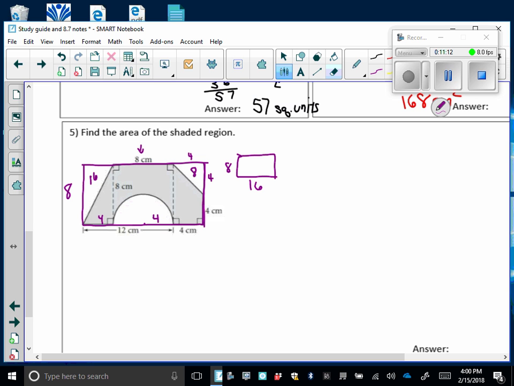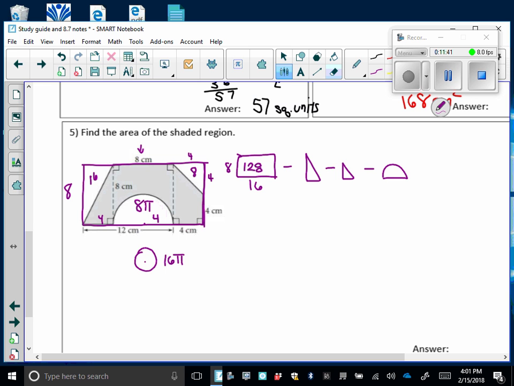And we know that because of the 8 up here. So the area of the semicircle, the whole circle, would have an area of 16 pi. So the area of this is 8 pi. And so we can take this rectangle with an area of 128 and subtract out the 3 other parts, the triangle, the other triangle, and the semicircle.